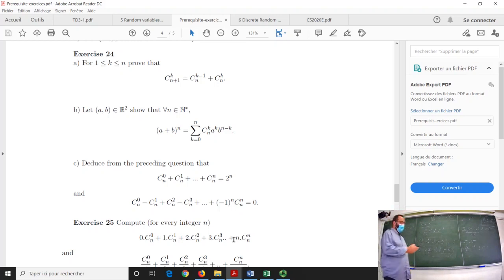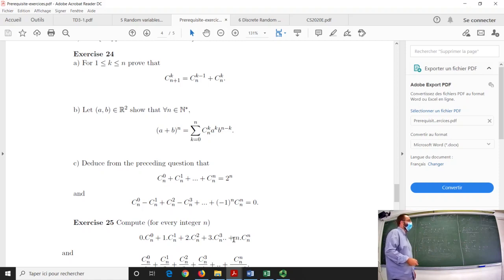And when I look at what I want, that is, I want to prove this relation here, I have this general term that is the same as in this sum here. The only problem I have is that here I have a sum from k equal to 0 to n plus 1, while here I have a sum from k equal to 1 to n. But I have two remaining terms.